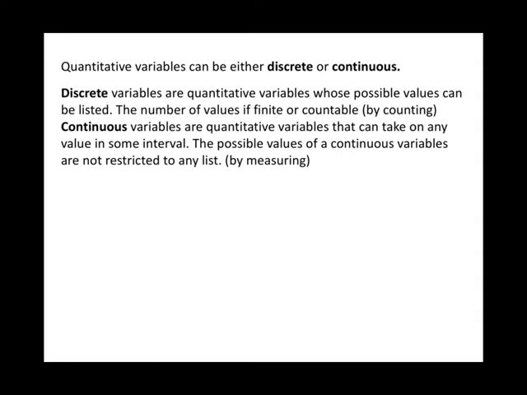And continuous. Continuous variables are quantitative variables that can take on any value in some interval. Possible values of a continuous variable are not restricted to any list; they come from measuring. Like how heavy I am. I can be 90 pounds, 90.5 pounds, 90.6 pounds, or 91 pounds.